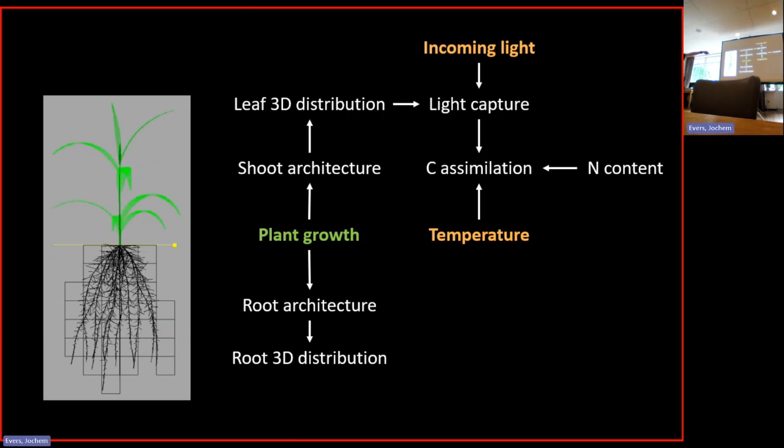This captured light, together with the nitrogen content of the leaf, which is very important for photosynthesis, and the prevailing temperature, determines carbon assimilation of a particular leaf. So, photosynthesis rate. Then we go back to plant growth, because the amount of carbon that's assimilated plus what we call sink strength, so the demand for carbon of a growing organ, together determines how much an organ will ultimately grow.